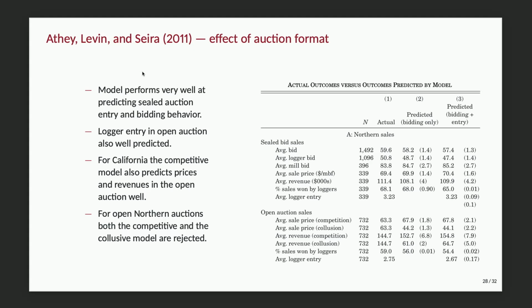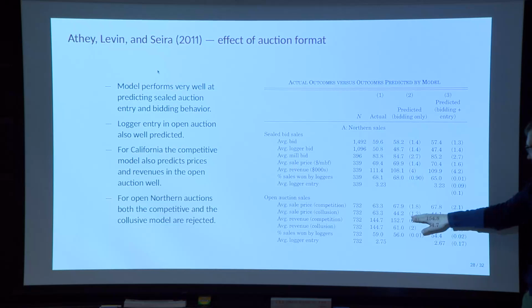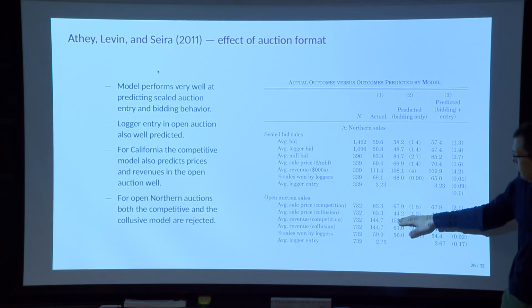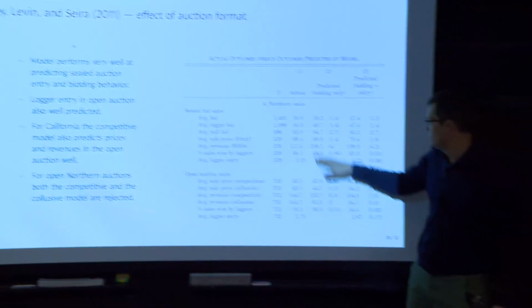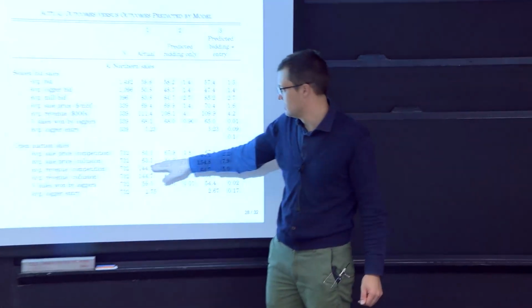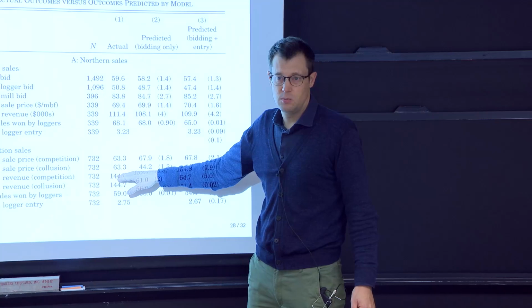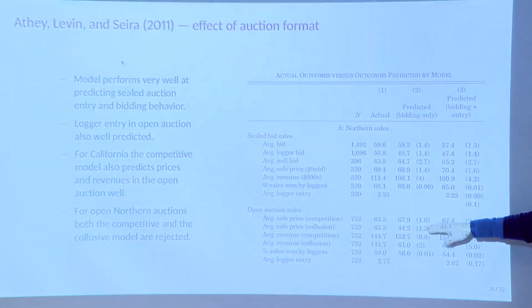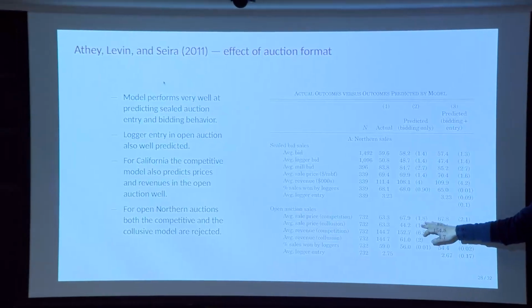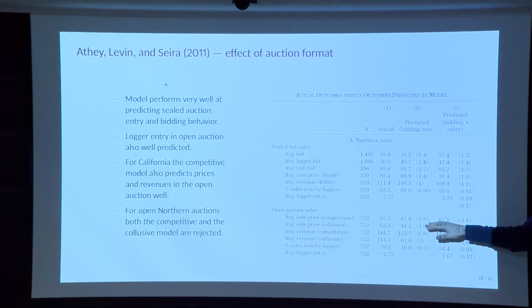And so that leads to much, much lower prices. In fact, so much so that even for the northern sales, where collusion was potentially an issue, they underpredict the average sales price by about a third. But they do also reject the competitive model for the case of the northern sales.